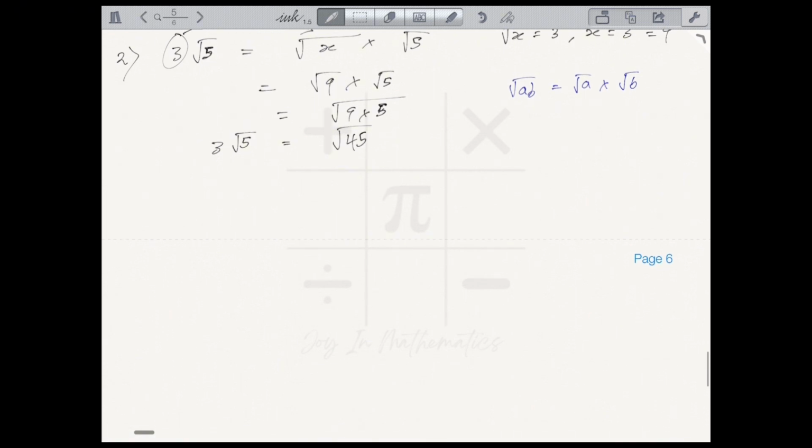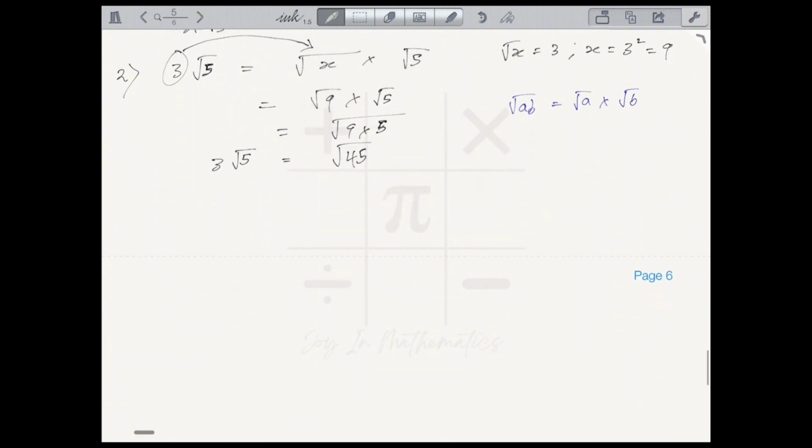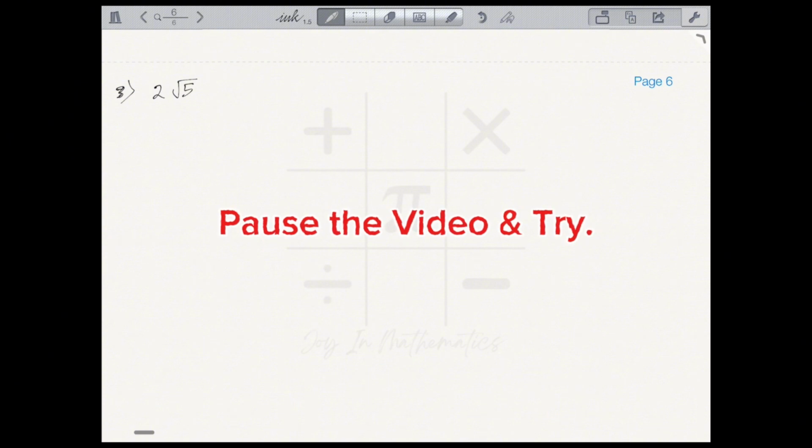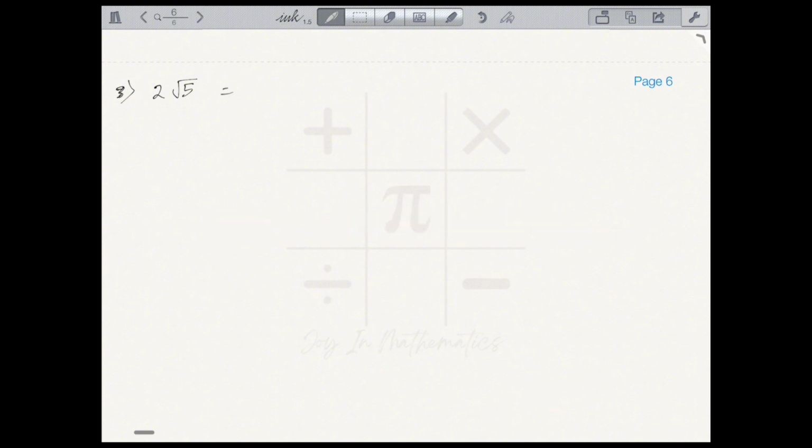Let's take another question. You can pause the video right now to try this. We have 2 root 5. So 2 root 5 will be root x multiplied by root 5. What will be the value of x if the square root of x is equal to 2?